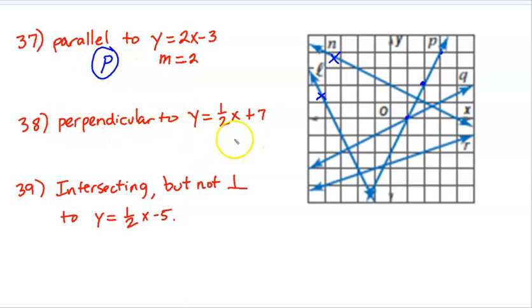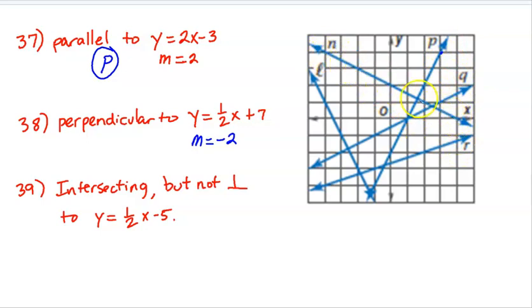Now in this same graph, let's identify the line that would be perpendicular to the line y equals 1/2 x plus 7. To be perpendicular, we're looking for a line that has a slope of negative 2. This time, we can eliminate the other 3, P, Q, and R, because they all have positive slopes.